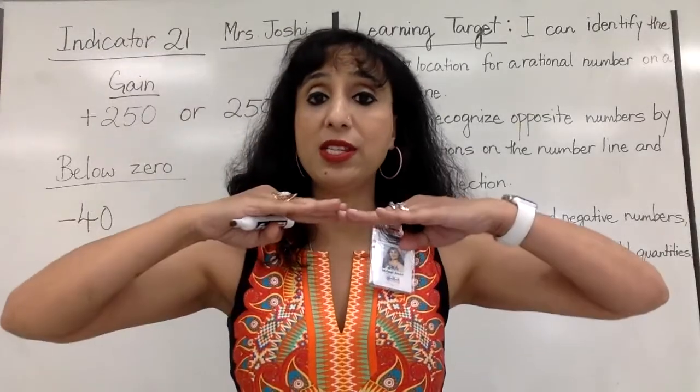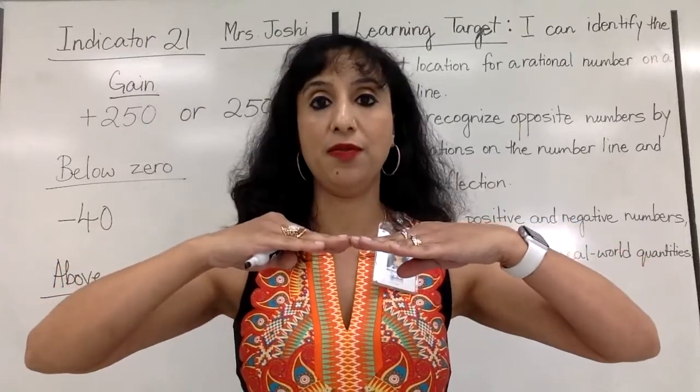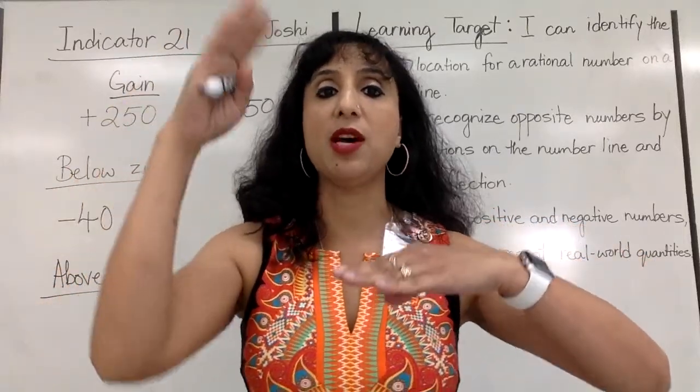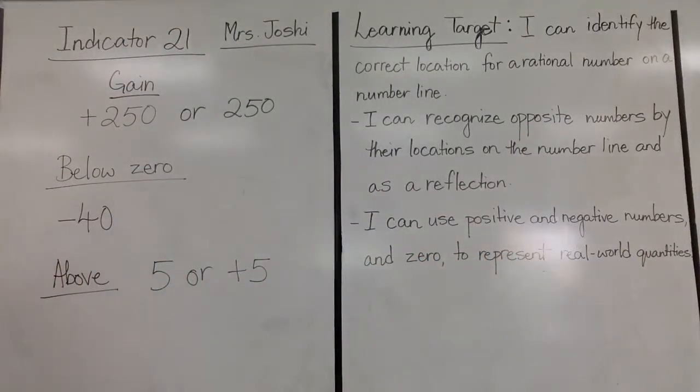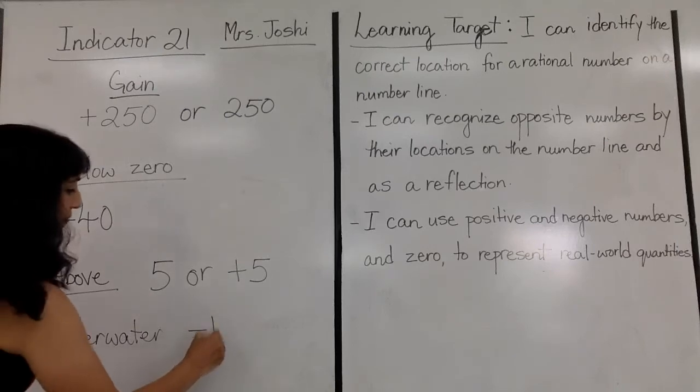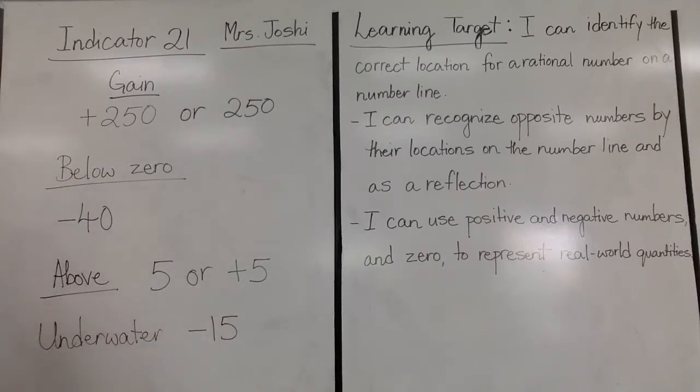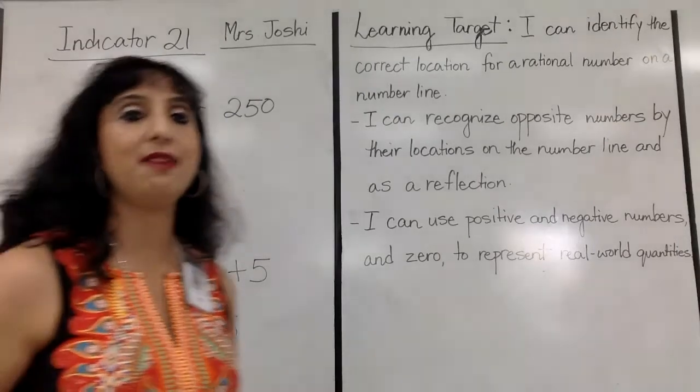So underwater means, always think of the water surface as 0. Above the water surface is positive. Going down is going to be negative. So if I'm saying 15 feet underwater, that is going to be negative 15 because it is underwater. So that's what makes it a negative answer.